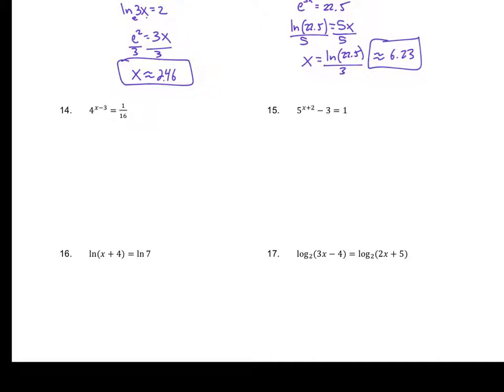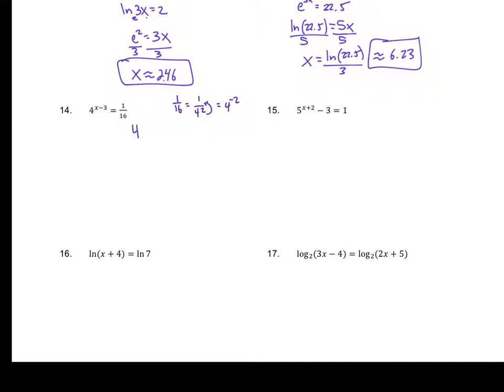Number 14, this is where we want to get our bases the same. So remember 1/16 equals 1 over 4 squared. We want to get this with a base of 4, so we need to move that up. So that equals 4 to the negative 2 power.